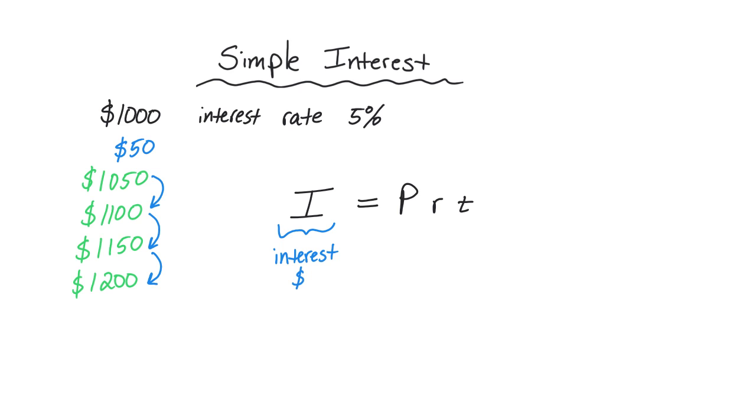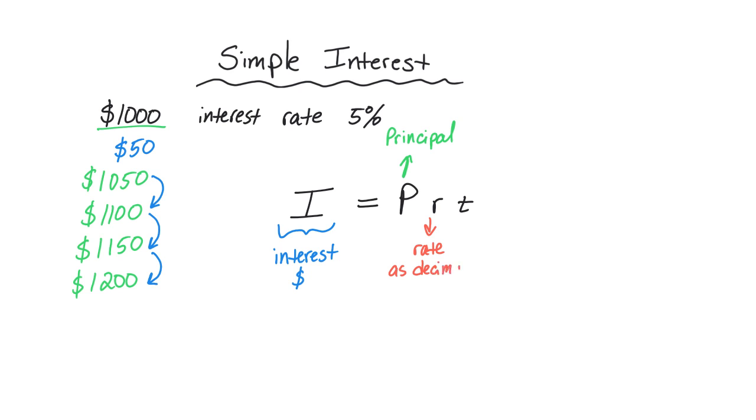The P represents the principal, which is the original amount of money that you put in. So in my last example, the principal would be the $1,000, the original amount. The R represents the rate of interest as a decimal.